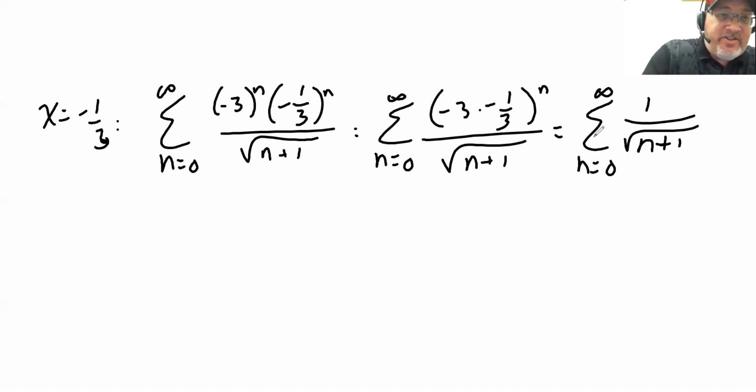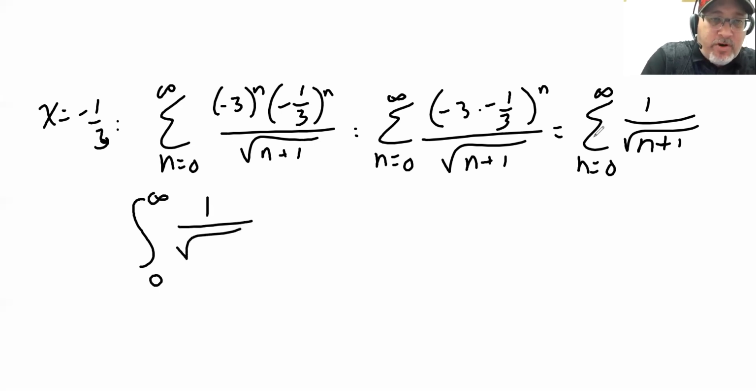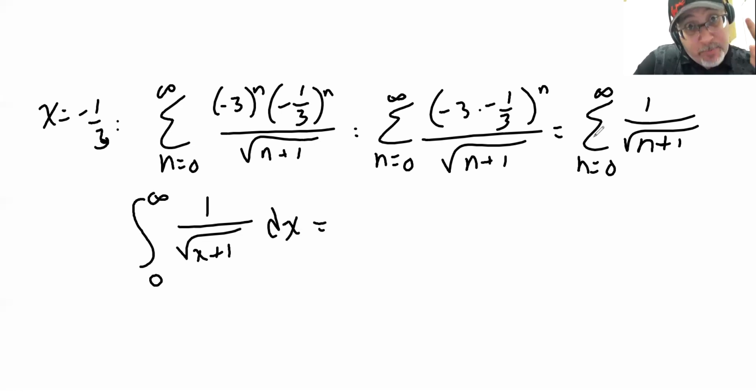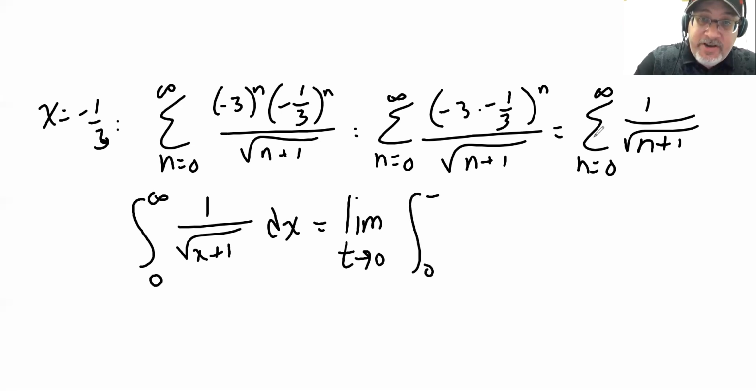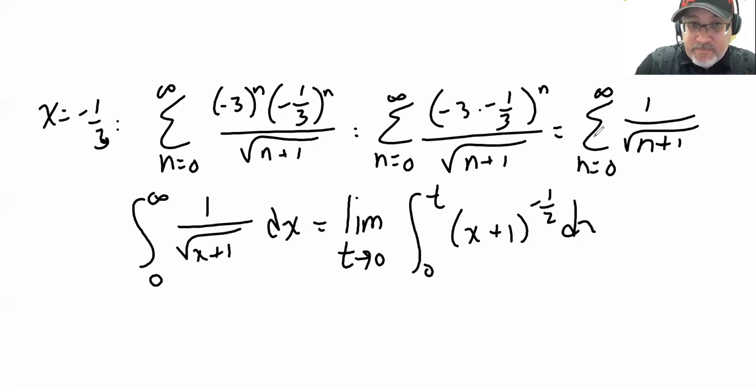The integral test says that the series will converge if and only if the integral will converge, in this case, the integral from 0 to infinity of 1 over the square root of x plus 1 dx. If we do the improper integral properly, we take the limit as t approaches infinity, or whatever variable you want to use, of the integral from 0 to t, and let's rewrite that as x plus 1 to the negative 1/2 dx.